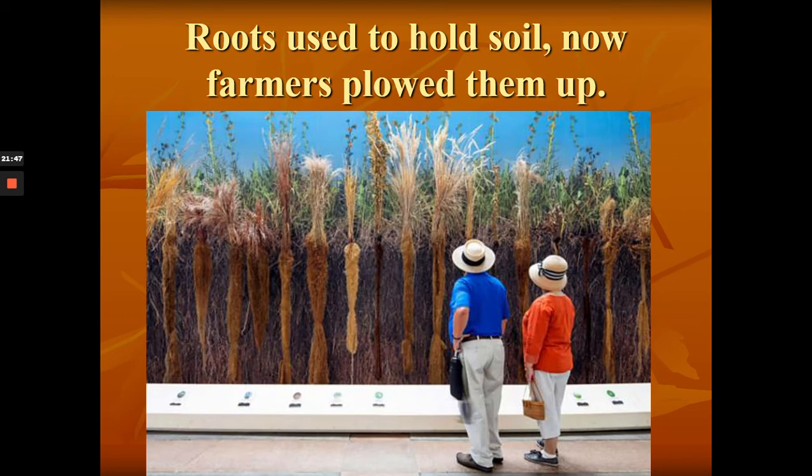Now look at this. I want you to understand what really caused the Dust Bowl. This is what grasslands looked like before the farmers came along. You see those roots? You see how deep they are? Because those roots are so deep, that meant that the roots are going to hold the soil where it is.